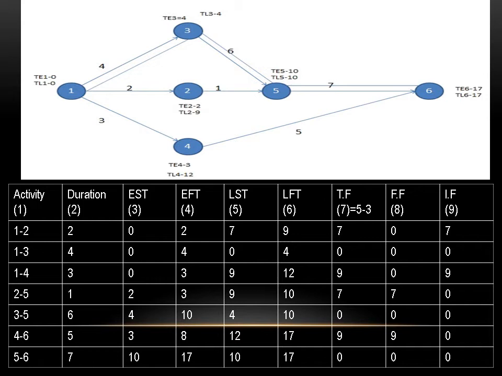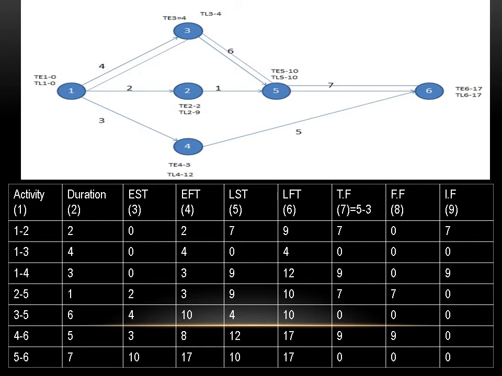Independent float is the same idea as free float; you write the formula. Independent float is equal to total float minus bracket TL minus TE at node I. Simple. Free float was at node J, independent float is at node I. For 1 to 2, node I is 1.